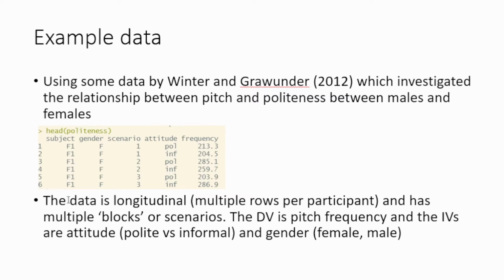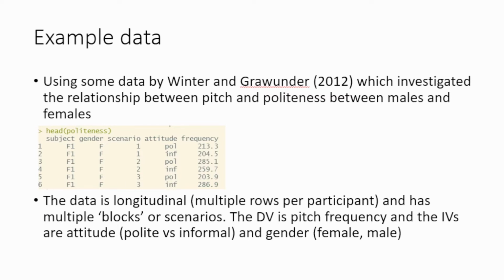This is just one subject called female 1, gender, female, scenario 1, 2, and 3. So even scenario is clustered because there's multiple levels per scenario. We have attitude, so polite and informal, and then overall pitch frequency.